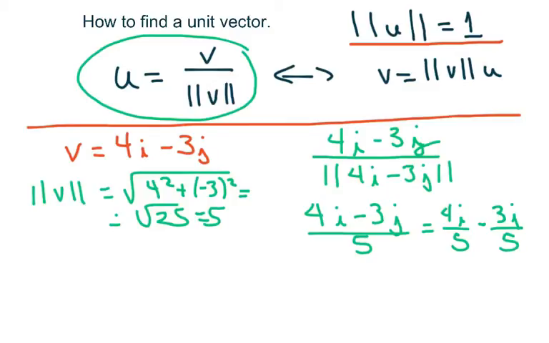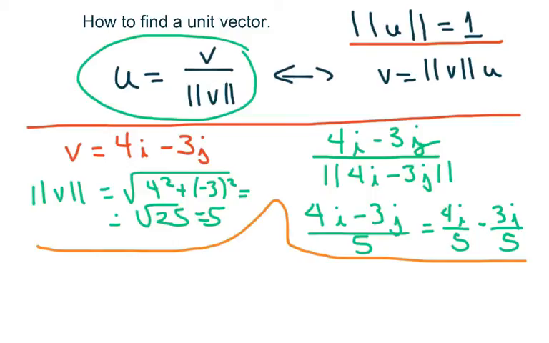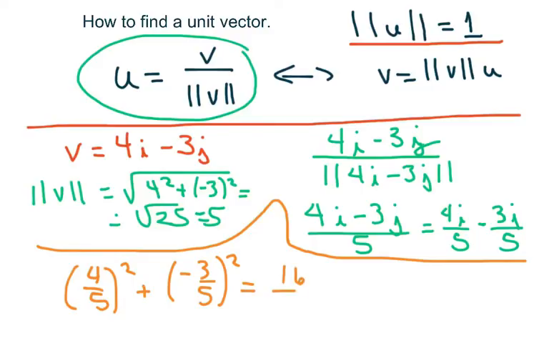Now let's do a quick check to see if we found a unit vector. All we're going to do is square 4/5 plus negative 3/5 squared, which equals 16 over 25 plus 9 over 25.